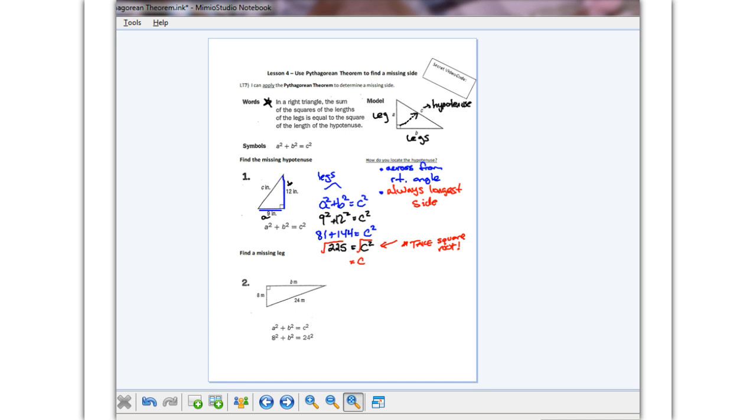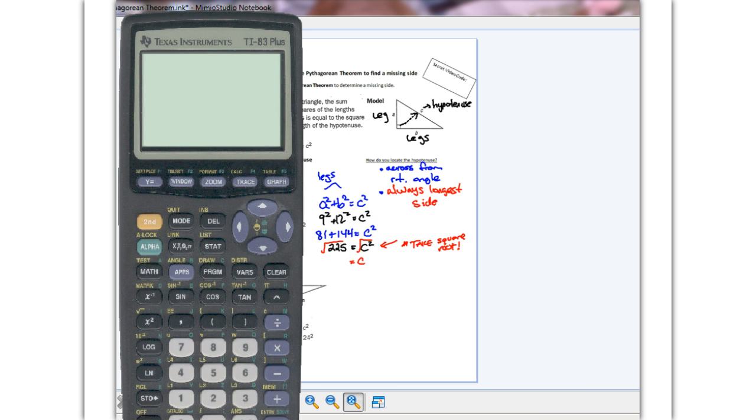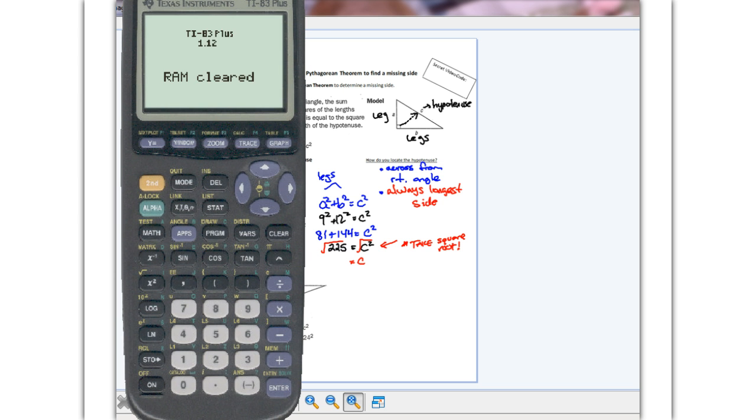Let me go ahead and pull up my calculator just so you can see where everything is. Mine will look a little different than yours, but it should do the trick. To find the square root button, you hit the second button on your calculator, and it's going to be right above the x squared key. There's the 7 key, and diagonally across there is the x squared key, right next to the comma on my calculator, and that pops up the square root symbol.